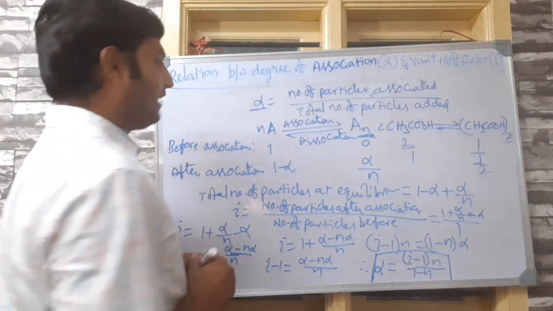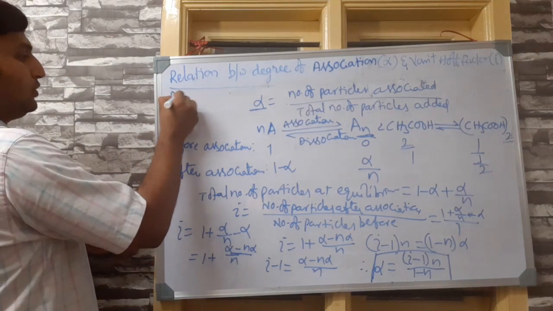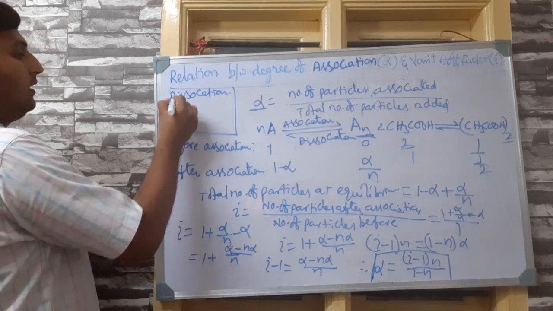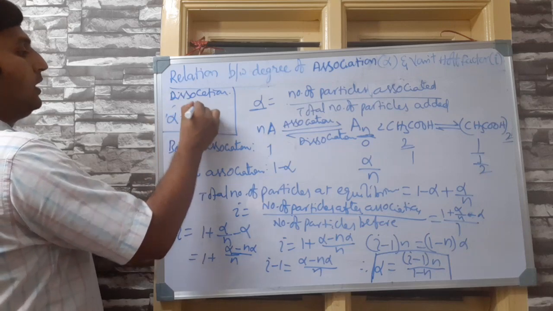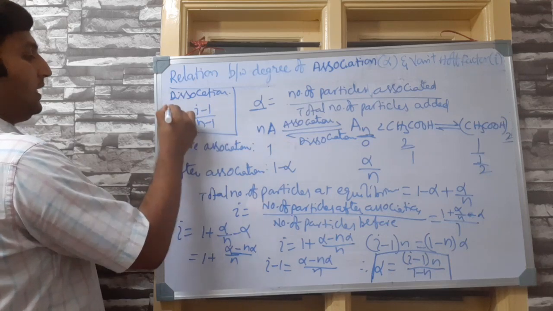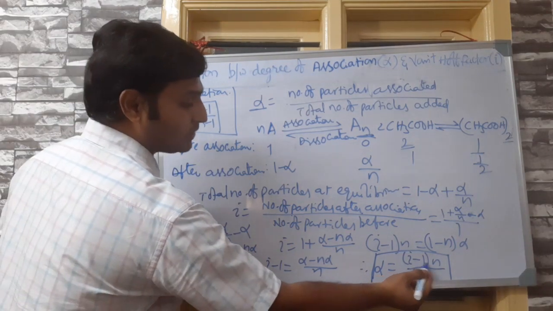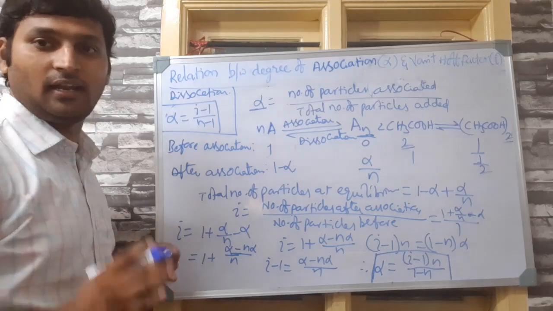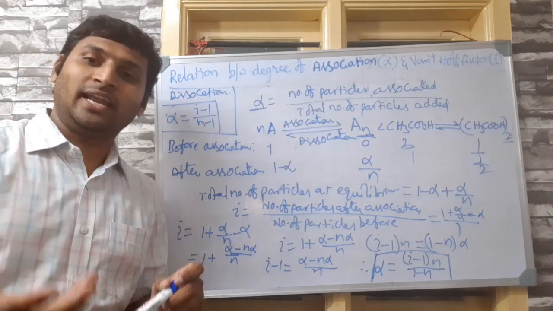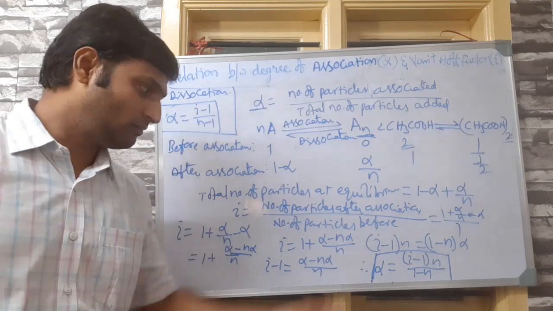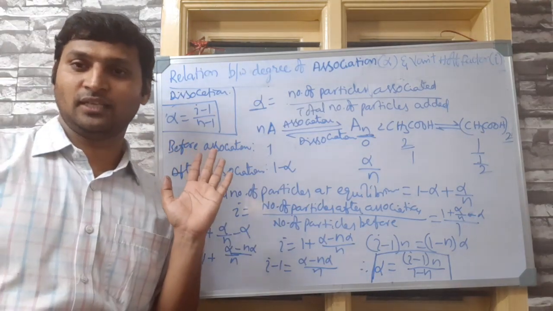So for degree of dissociation, what was the formula you got? Alpha is equal to i minus 1 by n minus 1. For degree of association, alpha is i minus 1 into n by 1 minus n. Now, whenever required, derive it like this. Or if you are strong at memory, memorize this.